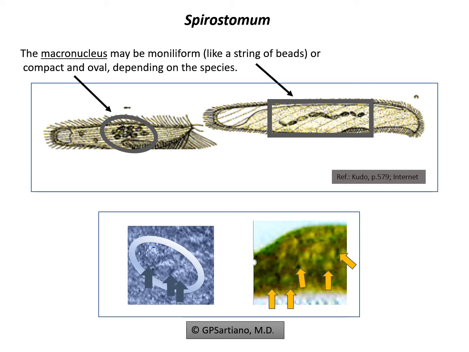The small, dark, black objects closely applied to the surface of the macronuclear lobes may be micronuclei.